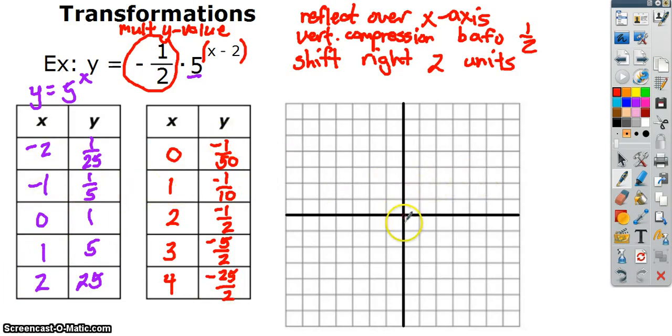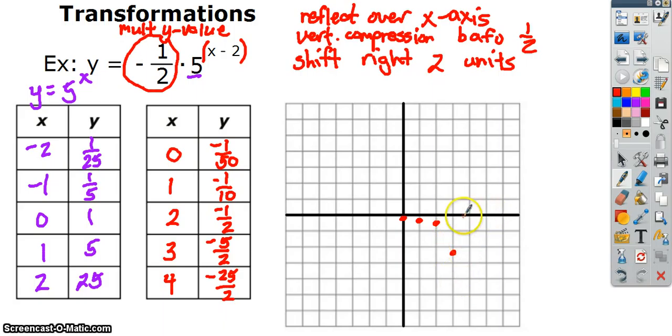Some 0, -1 over 50. So, I mean, really, really close to 0. Just right under there, like that. 1 and -1/10, so not that much further down. So, like there. And 2 and -1/2, so it's about halfway down there. And 3 and -5/2, that's 2.5, like there.